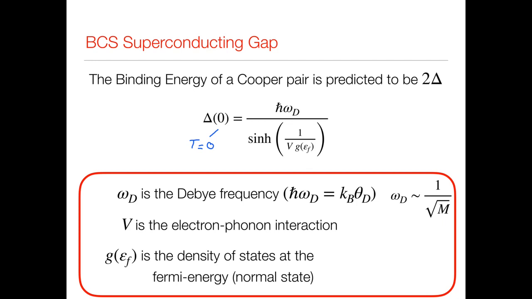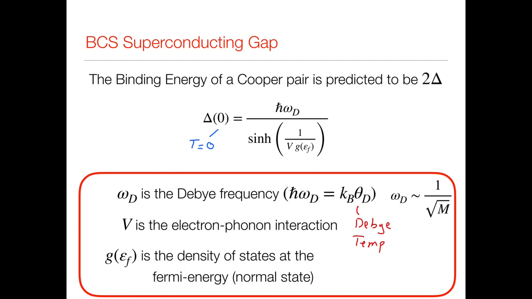And just a couple of observations on this. The Debye frequency, it's certainly possible to equate this to a kT and define a Debye temperature. Sometimes this is a Debye temperature, and that's sometimes more useful, and you'll see that in tables rather than the Debye frequency. The other thing to realize is that the Debye frequency is related to the mass.